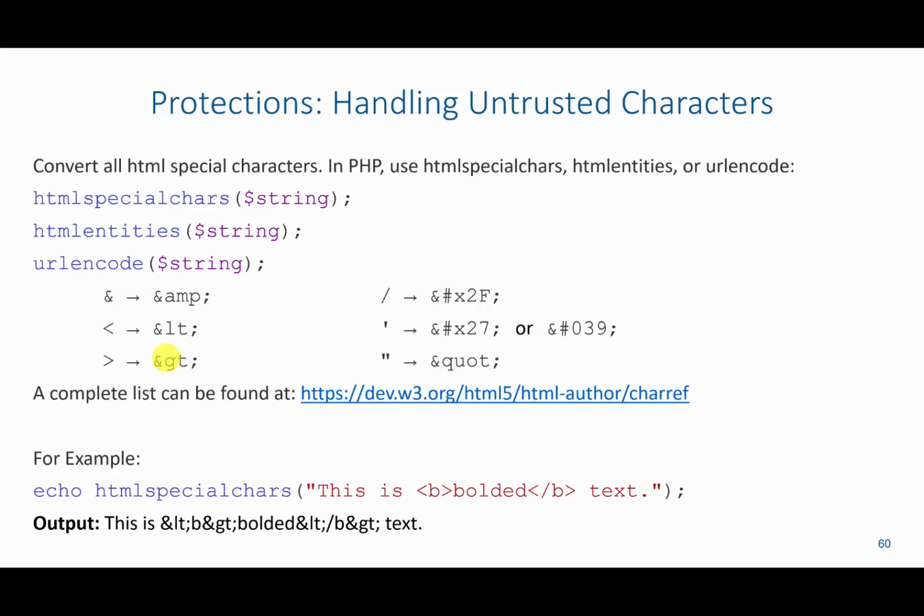For example, if I say echo htmlspecialchars for "this is bolded text", the output will be "this is &lt;b&gt; bolded &lt;/b&gt; text", the same thing on the other side.